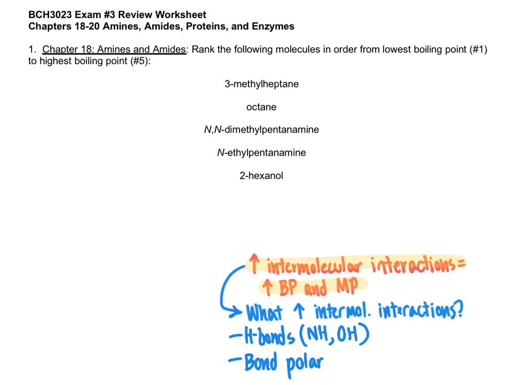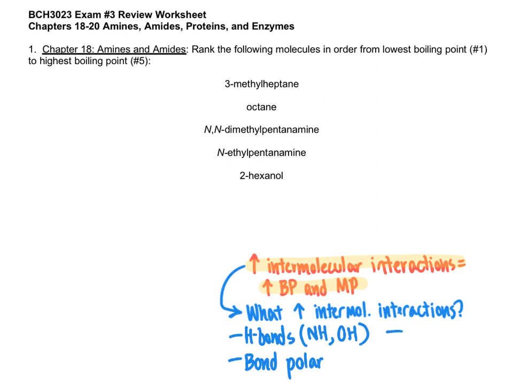If we have a bond between a carbon and an oxygen atom, that's going to be a more polar bond because the oxygen is more electronegative than carbon. And so that bond polarization leads to atoms in a molecule that are positively polarized and others that are negatively polarized. Since opposites attract, the bond polarization will lead to stronger intermolecular interactions between negatively polarized and positively polarized atoms.